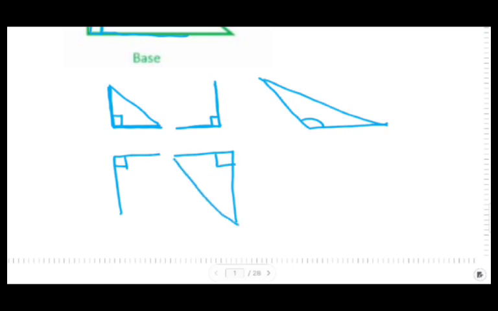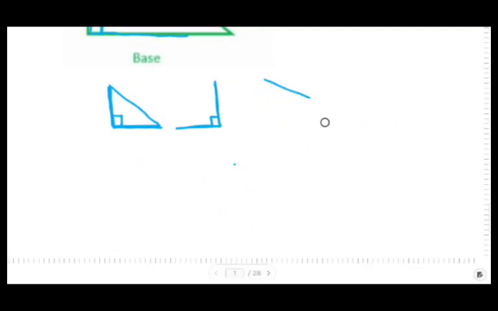Alright, so an exact 90 degrees triangle is called a right angle triangle.